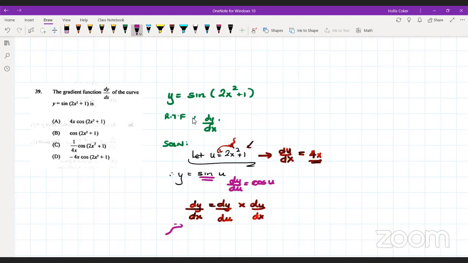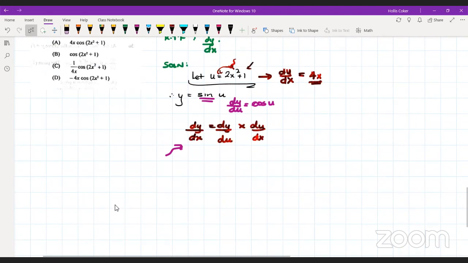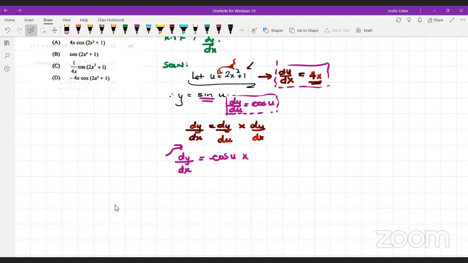And therefore, your dy/dx can be formed by just taking dy/du multiplied by du/dx. So dy/dx will now be equal to cos u times du/dx. What was u? u was 2x squared plus 1.